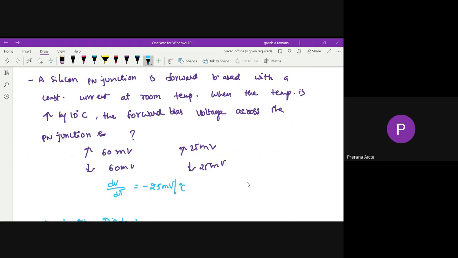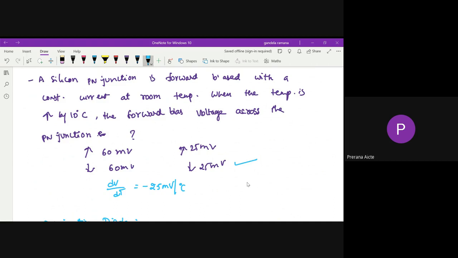For a 10 degree centigrade rise, the voltage across the PN junction will decrease by 25 millivolts. So here, how much? 25 millivolts.